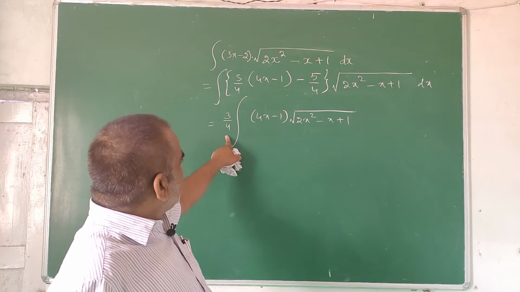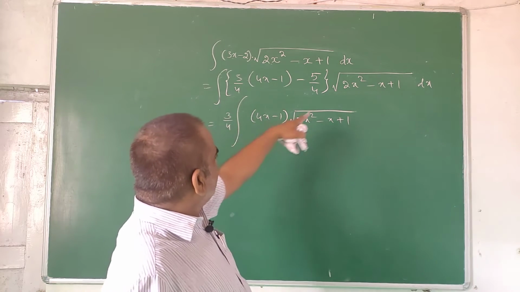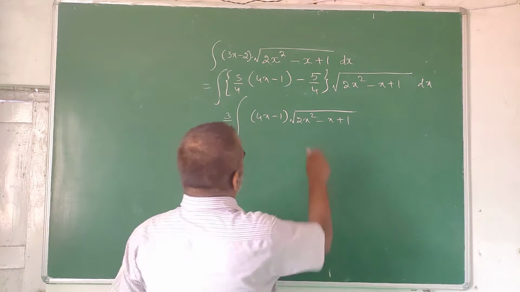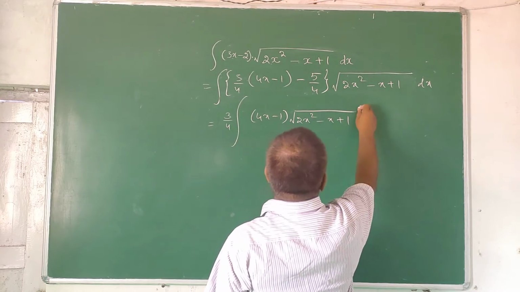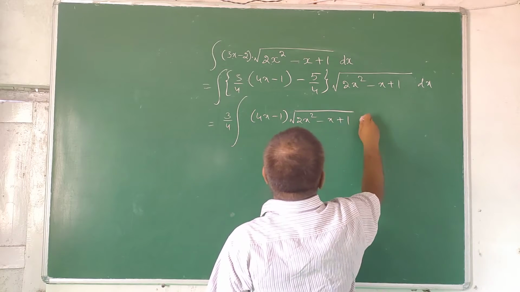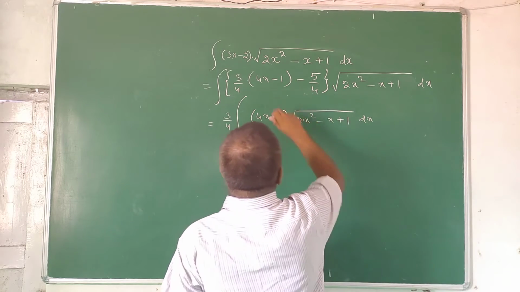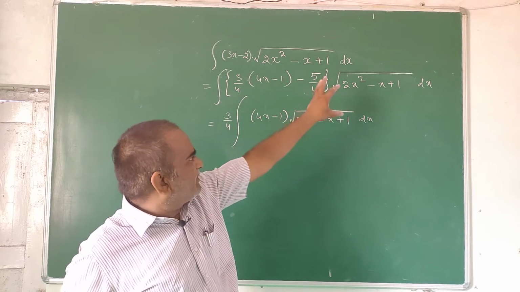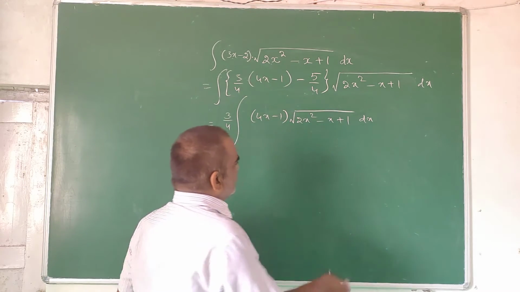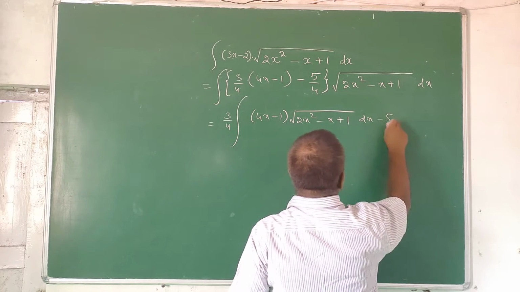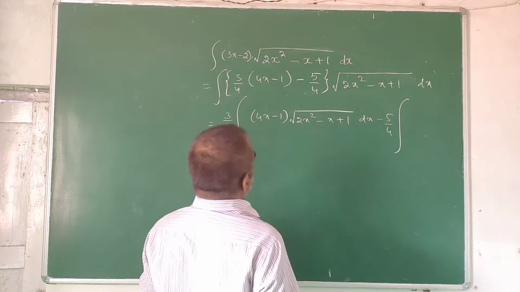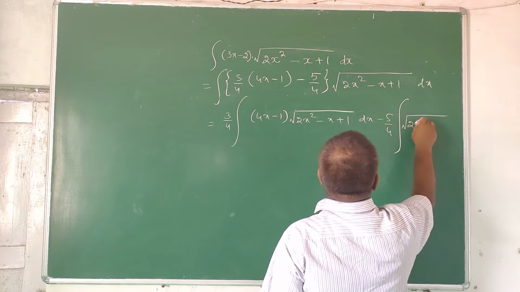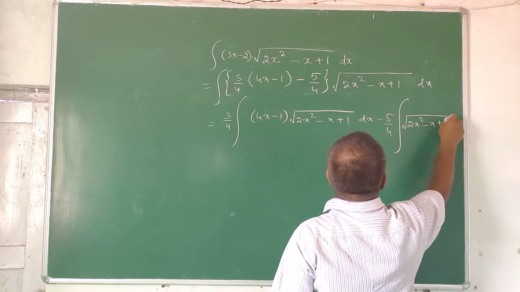So 3 by 4 I took outside, 4x minus 1 into root over 2x square minus x plus 1. Now here minus 5 by 4. So this has been separated. Now here minus 5 by 4 constant comes out, integral root over 2x square minus x plus 1 dx.